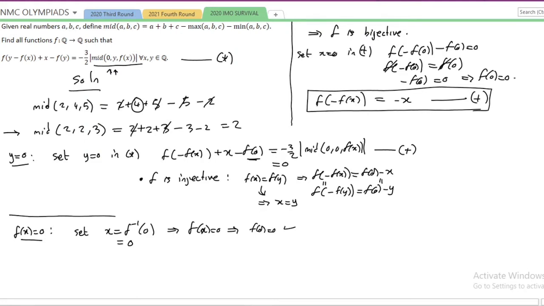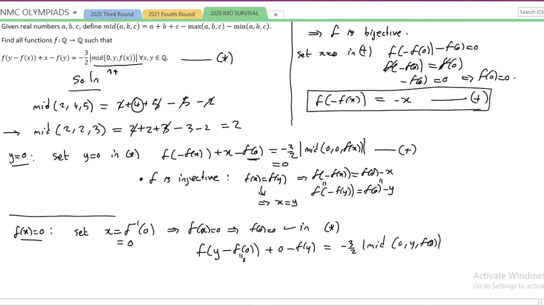Okay, so if we do this, let's see what we get. So basically all we're just doing is setting x equal to 0, right? So we are doing this in star. So we have this minus f of 0 plus 0 plus f of y is equal to mid of 0, y, and f of 0, which is just 0.